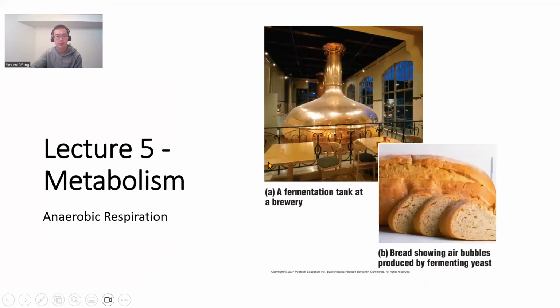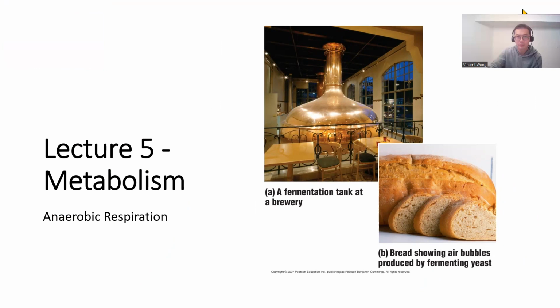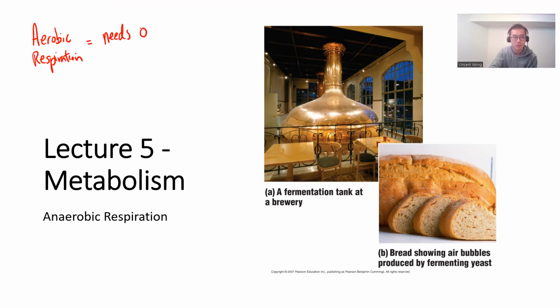Okay, next, we're going to talk about anaerobic respiration. Cellular respiration is aerobic. Except for glycolysis, everything else that happens afterwards is called aerobic respiration. That means it needs oxygen. It cannot happen without oxygen.